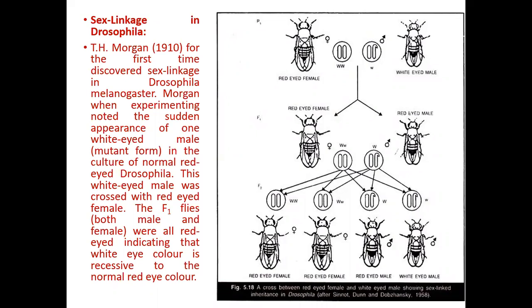Among their F1 offspring, all the females are red-eyed and all the males are white-eyed. When these are bred together, their offspring in F2 consist of red-eyed and white-eyed individuals in equal number in both sexes.